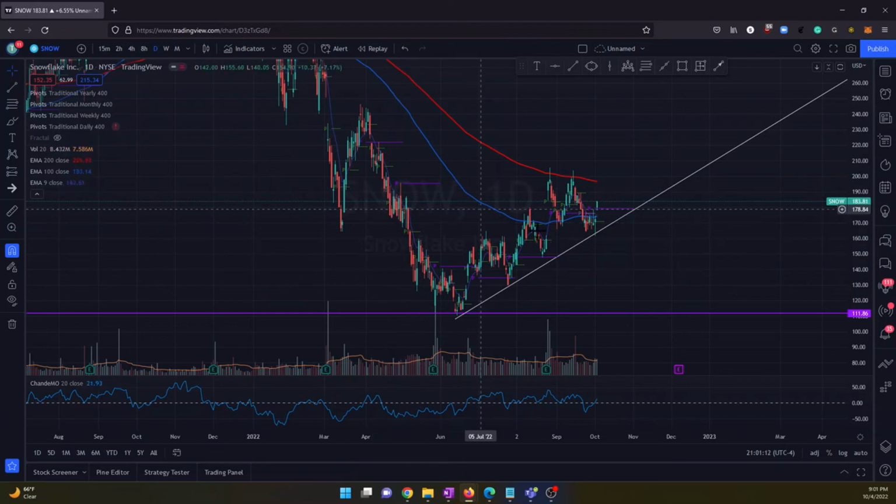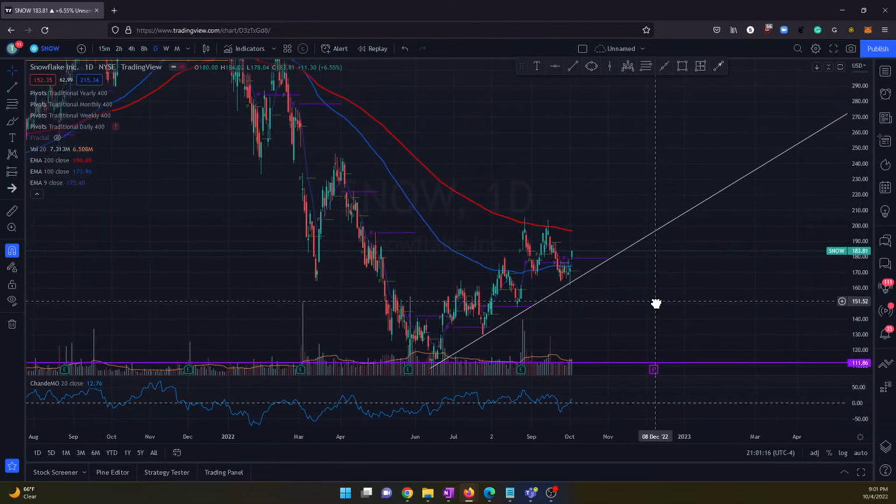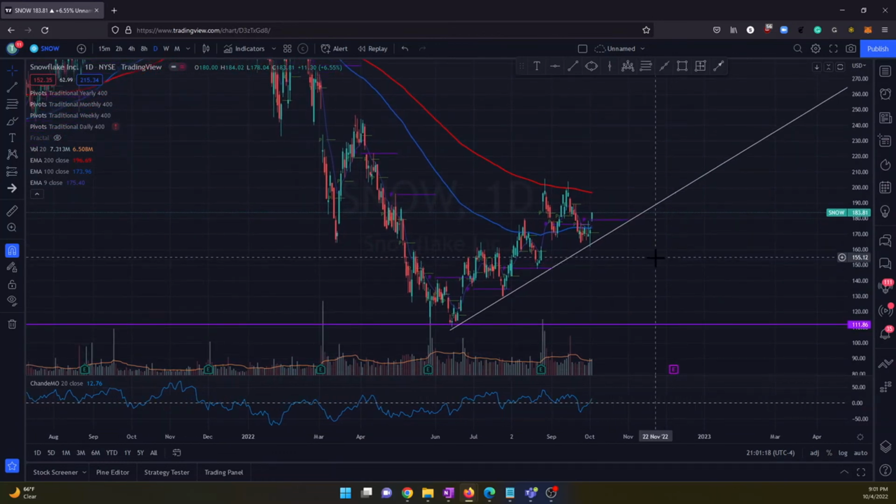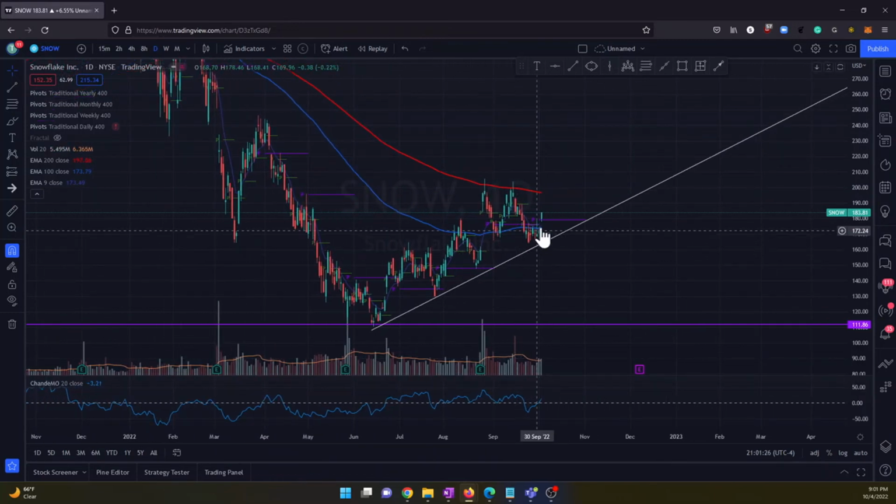It looks like here that it's probably testing the waters, because we have a hammer candlestick right here where the price opened at 170, the low was 161, the high was 174, and then it closed at 172.